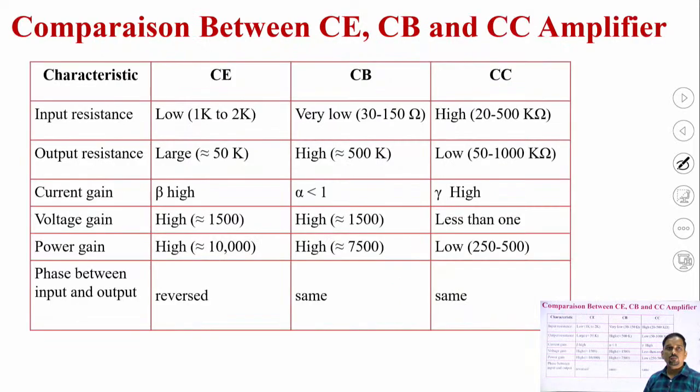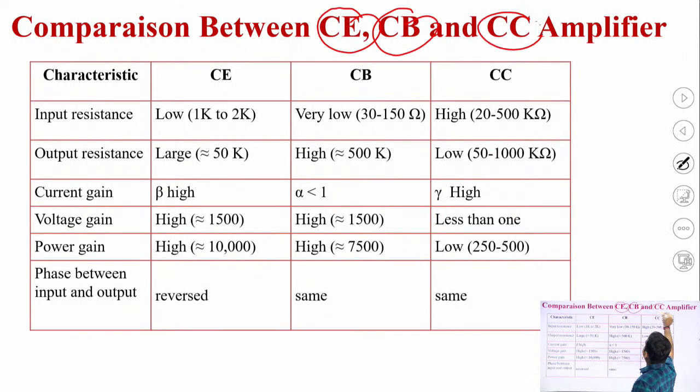So now we have a brief comparison here between all three possible configurations of the BJT, which are the common emitter, common base and the common collector. First we will start with the input resistance.